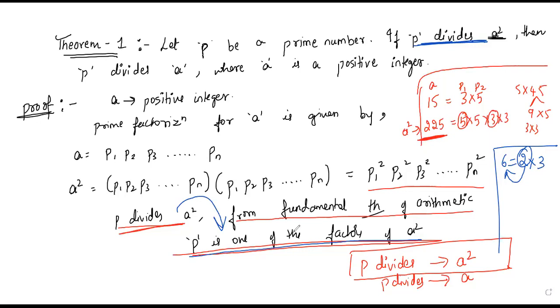Then we have already proved that if P divides A square, then P is one of the factors of A square. And since we are using the fundamental theorem of arithmetic here, P is considered as a prime number. And hence it is true. Clear with this?